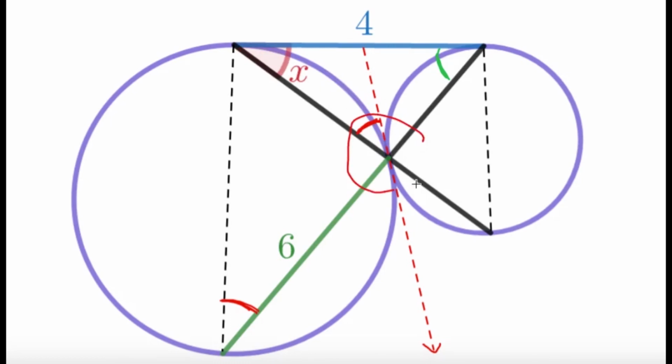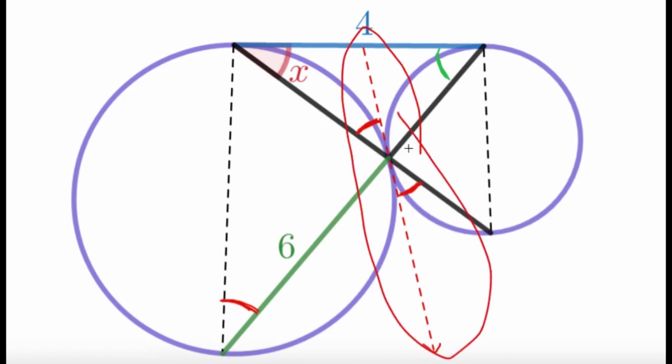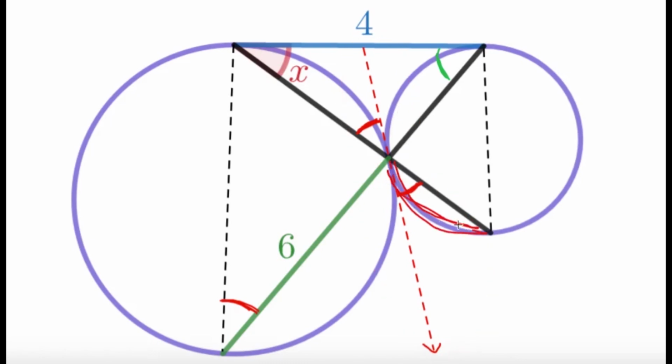Alright, now here we have vertical angles, this one and this one, so we can put this one as red as well. And now this angle intercepts this arc, because this red line is a tangent, so it must be equal to this angle over here, because this inscribed angle intercepts the same arc.